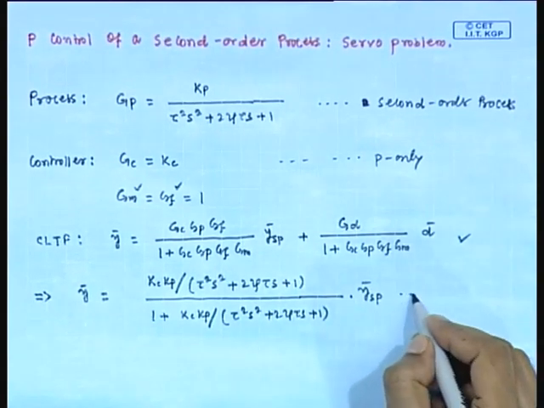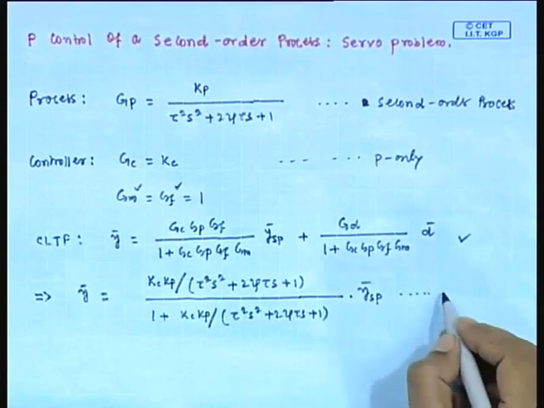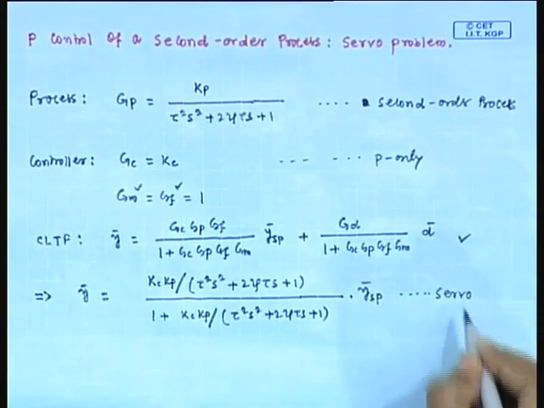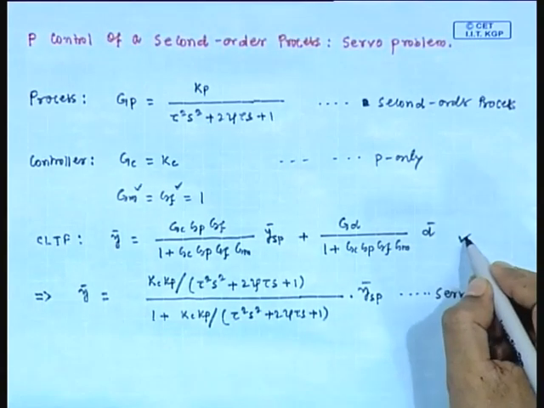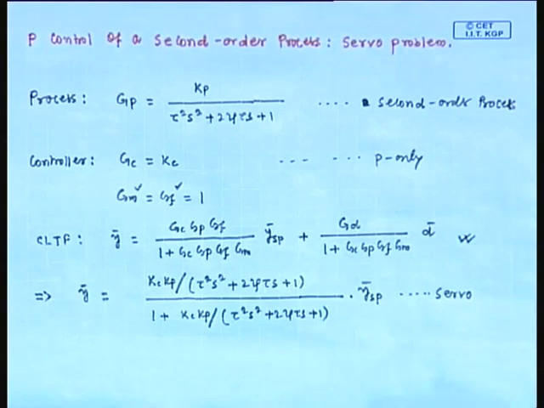This is the closed loop transfer function for the servo problem. Substituting Gc, Gp, Gf, Gm in the generalized form, we obtain this form for the servo case.